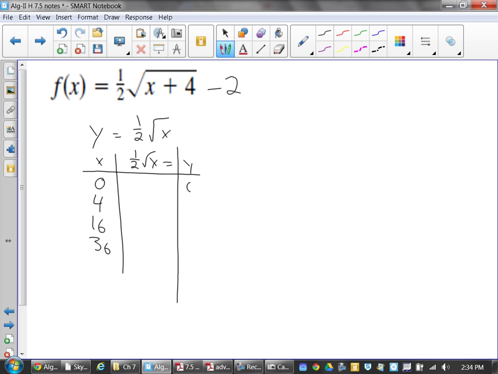So I still get 0. What's half of the square root of 4? 1. What's half the square root of 16? 2. What's half the square root of 36? 3. See how you're using numbers that make your life easy. Make sense?